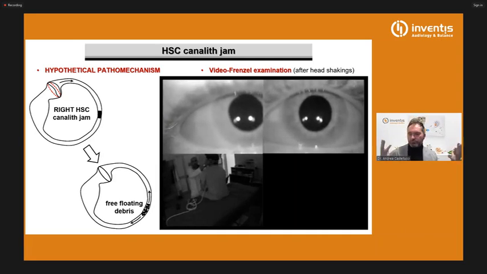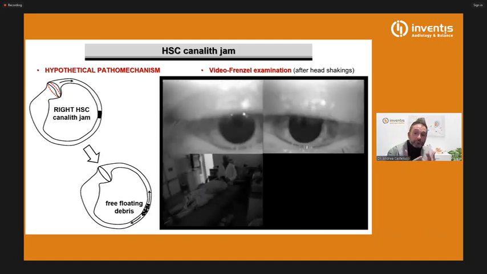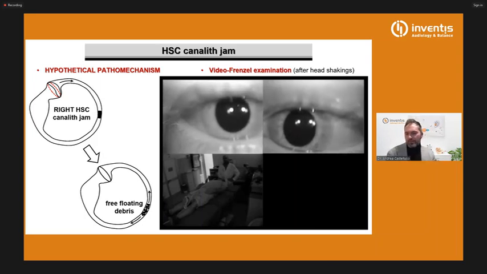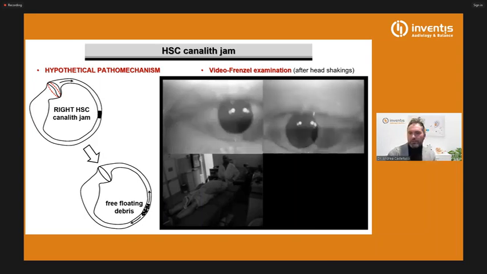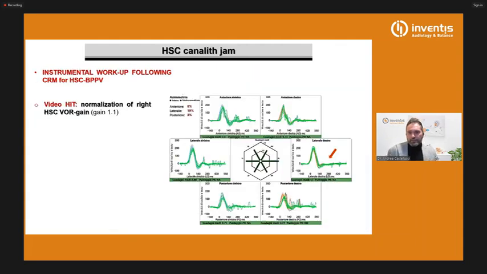So it was a typical BPPV of the horizontal canal that was eventually converted in a canal gem, that converted again in a typical BPPV of the right horizontal canal. You can see here now that even at the supine head test, nothing happens. And the most interesting thing is that after canal repositioning maneuver, the video head impulse test VOR gain for the horizontal canal normalized.